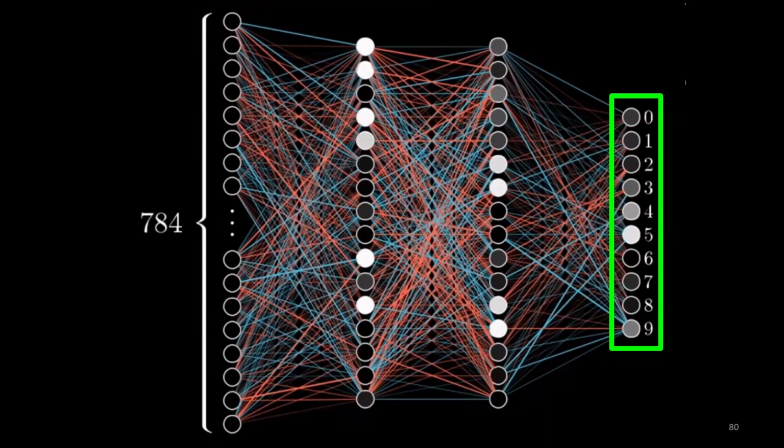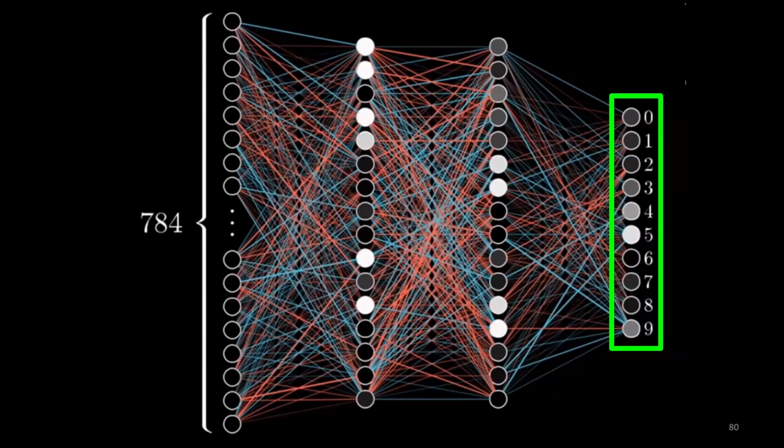So in this case, you would take a look at the outputs 0, 1, 2, 3, 4, 5, 6, 7, 8, and 9, and you would look at which one is activated the most. In this case, 5 is activated the most. So the decision that this connectionist network is making is that the input that it just received was the number 5.